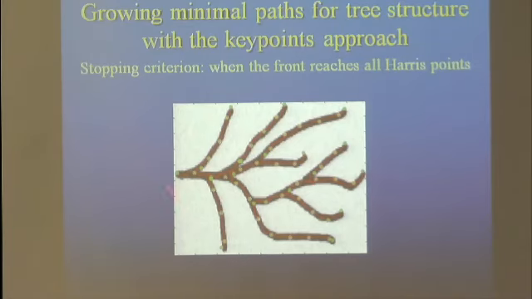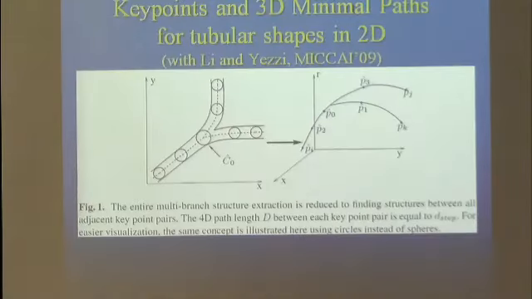Now, as I said, this propagation may be difficult in a noisy image to consider the Harris points, and that's why we introduce in the last part another method that does not need such stopping criteria.